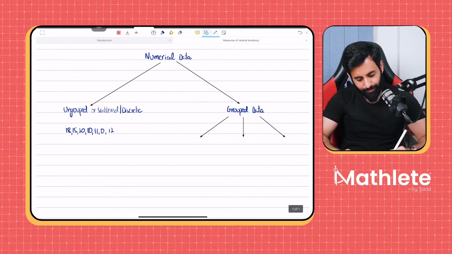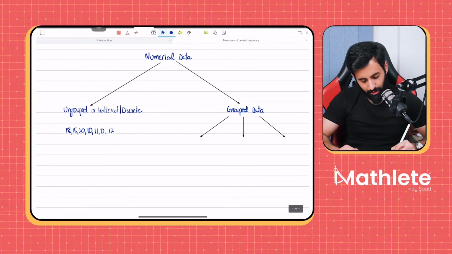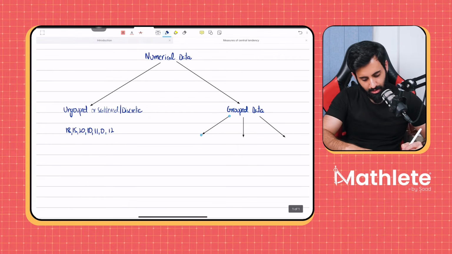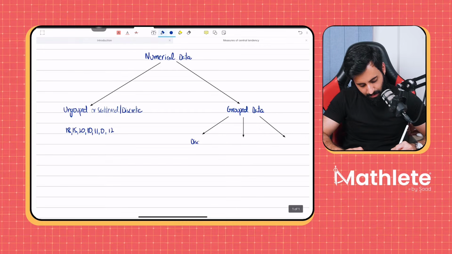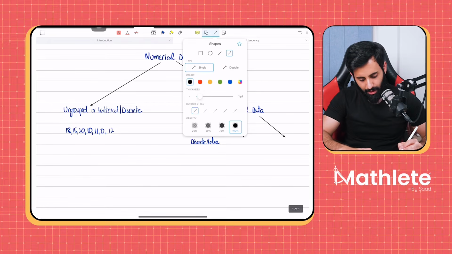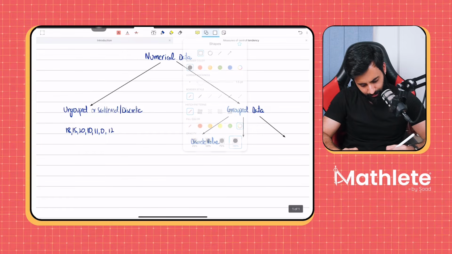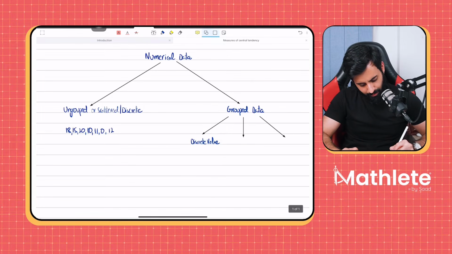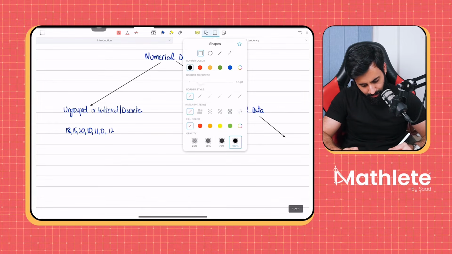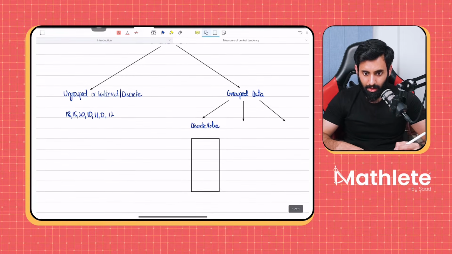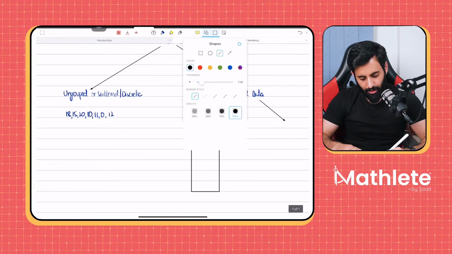So for example, you can group data using discrete values. So what does that look like? Let's see. Let's say you have a table of 2 columns, scattered meaning not arranged.